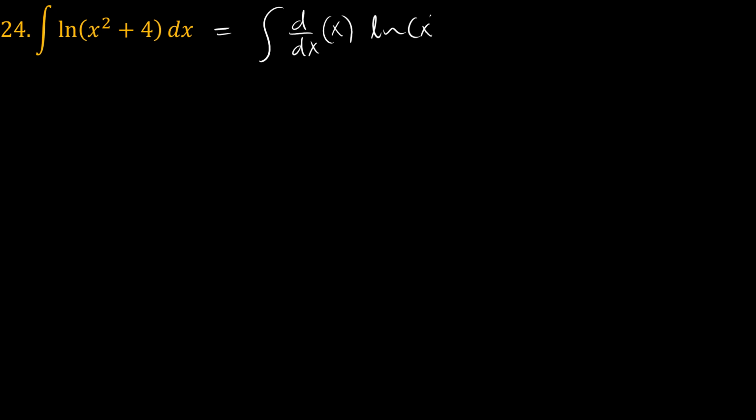So next, problem number 24, the indefinite integral of the natural logarithm of x squared plus 4. How I may be able to solve this is I could express it in this form, right? And this is with the assumption that there's a hidden 1 here.